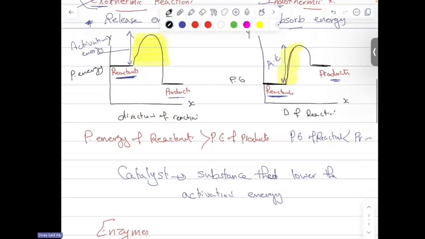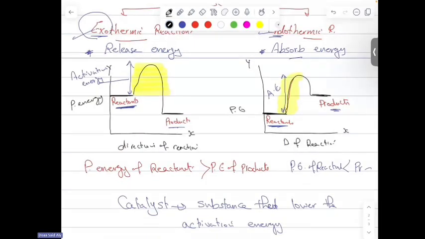طيب, let's go back to this graph one more time. I told you in this reaction, this arrow represents the activation energy. طيب, here this curve represents the activation energy without a catalyst or without enzyme. But when we add enzymes, what will happen to this activation energy? The activation energy will decrease.